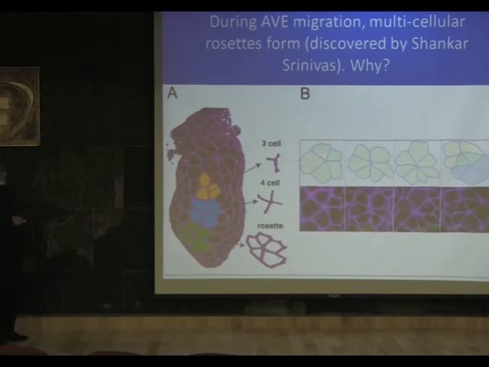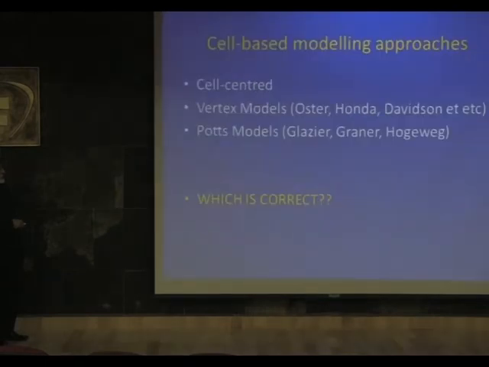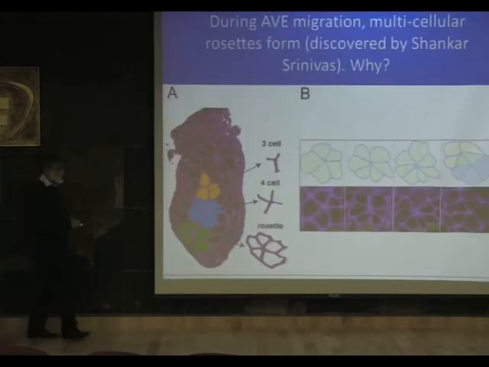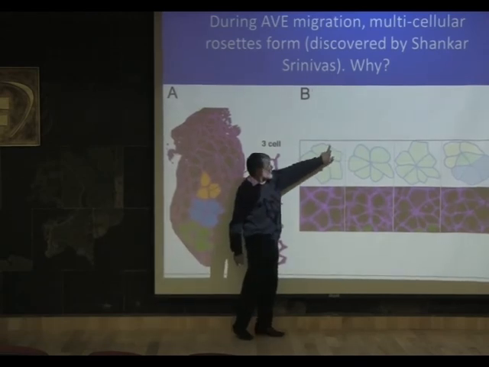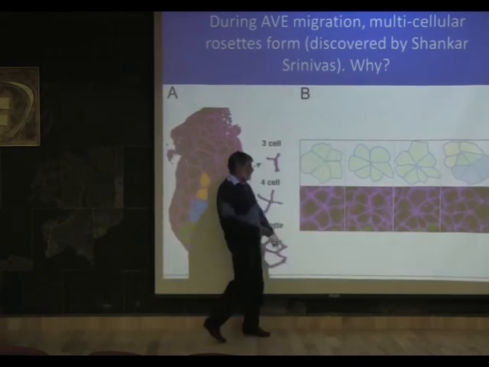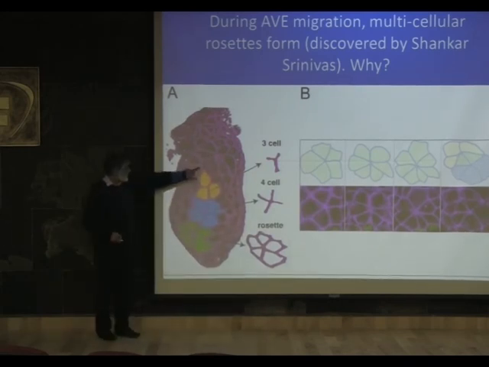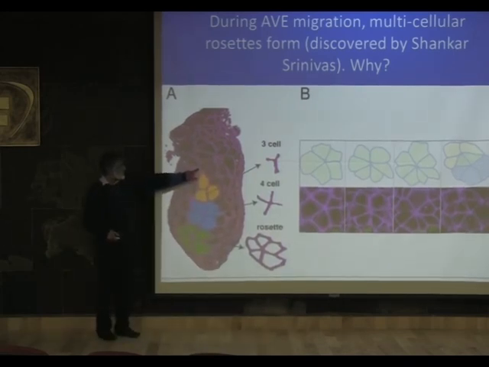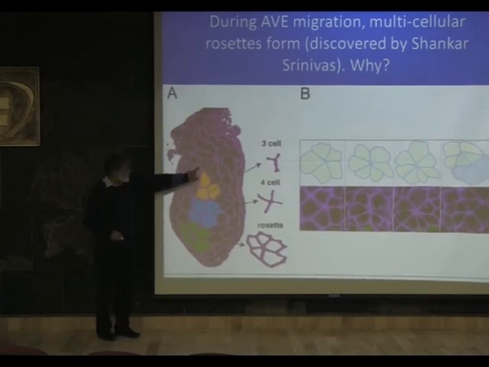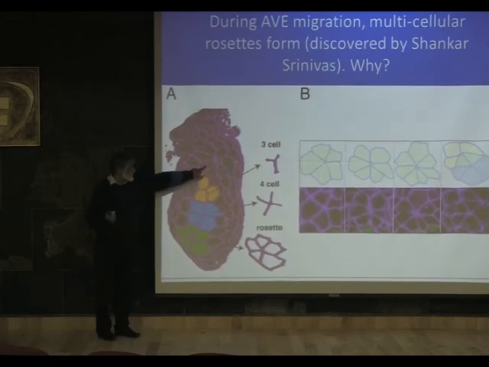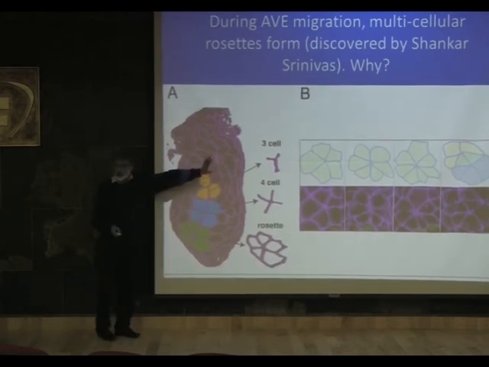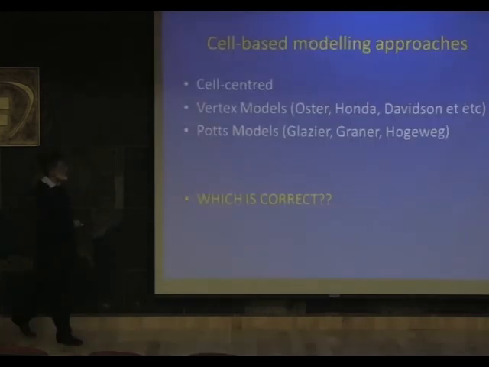And so people model this by using these polygons. You can model these by putting forces at each point and solving Newton's laws of motion. So you look at this point here, F equals ma, where the forces are what's at this point, and then you move the point based on the forces, and then you recalculate. And that's called the Vertex model.